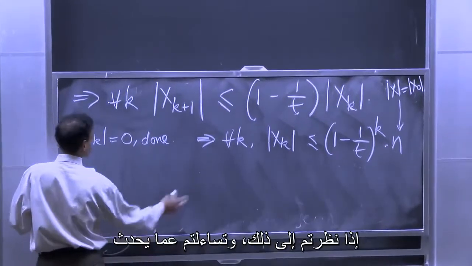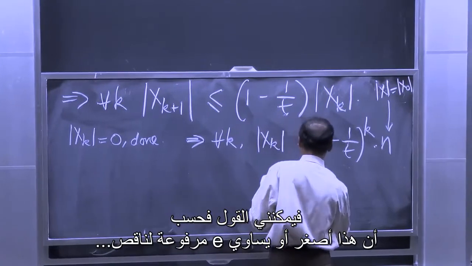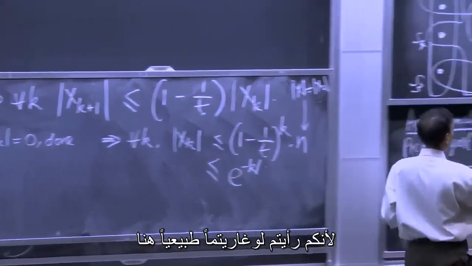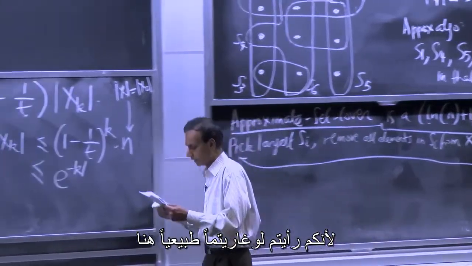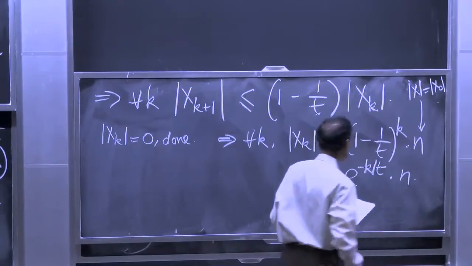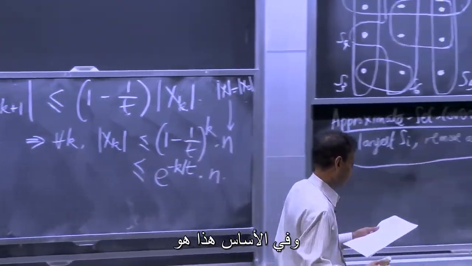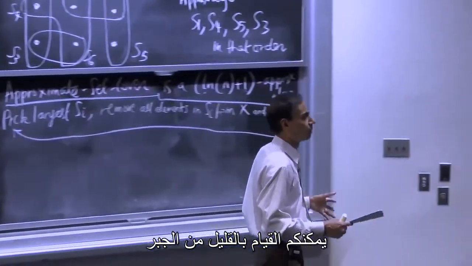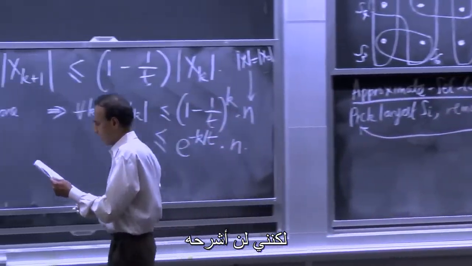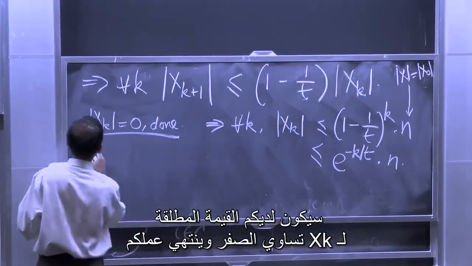If you look at that and ask what happens here, I can just say that this is less than or equal to e raised to minus. You knew you were going to get an e because you saw a natural logarithm here. Basically, that's it. You can do a little bit of algebra. I'll just write this out for you, but I won't really explain it. You're going to have xk equals 0. You're done.